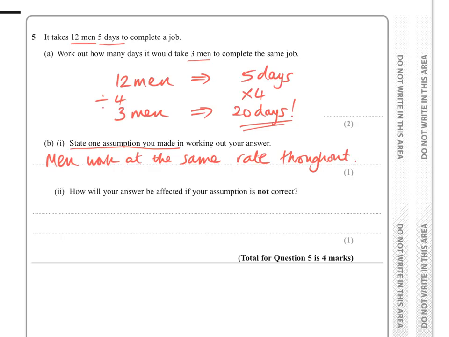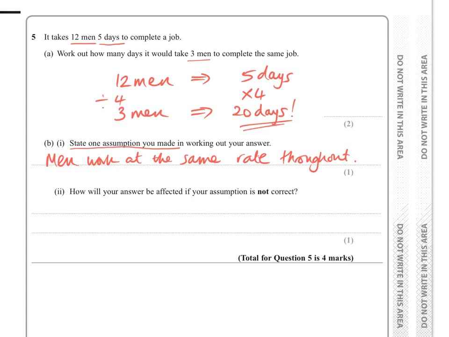Well, the last part is, how will your answer be affected if your assumption is not correct? Well, I think these questions are quite hard for me, because I think of all these possibilities. I guess if they weren't working at the same rate, then it could take a lot longer, or be much quicker.